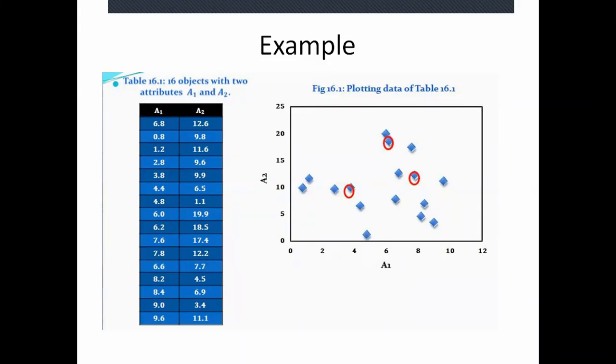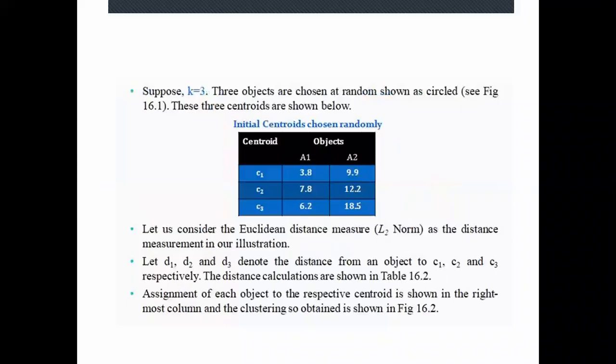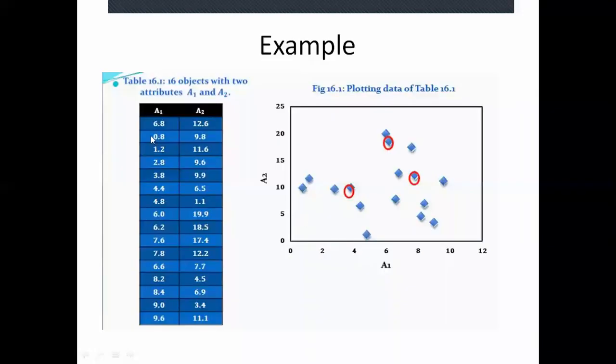What is the third step? The third step is that we need to find the distance of each data point from all these 3 clusters. This is cluster C1, this is C2, this is C3. I need to find the distance of all these data points from C1 as well as from C2 and C3.